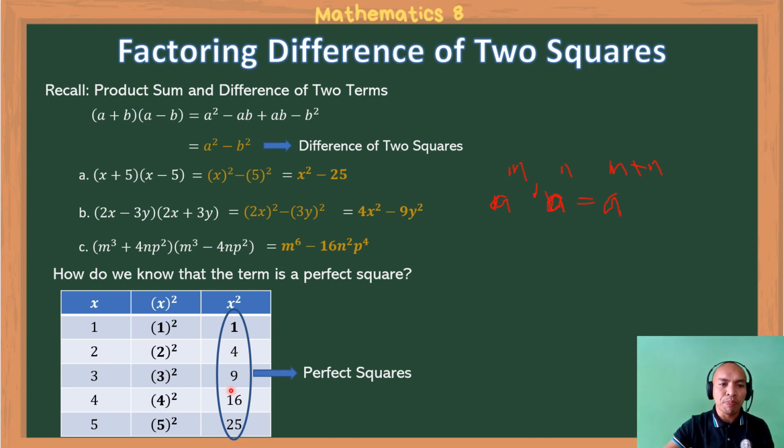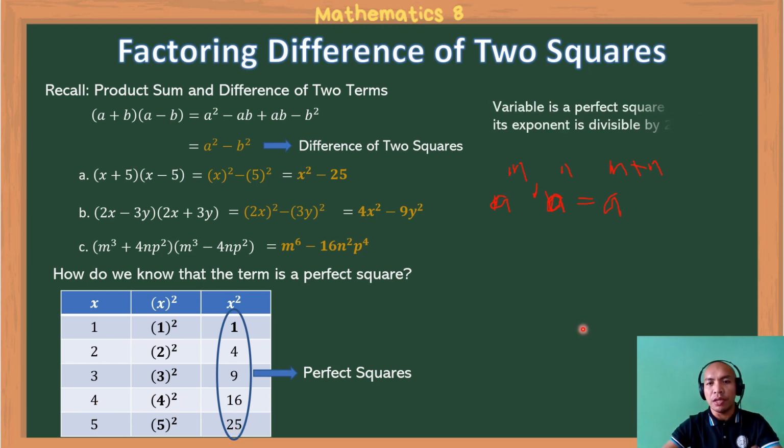That is 2. The result is 9, so that is 3. That would mean that the square root of 1 is 1, the square root of 4 is 2, the square root of 9 is 3, the square root of 16 is 4, the square root of 25 is 5, and so on. Okay?